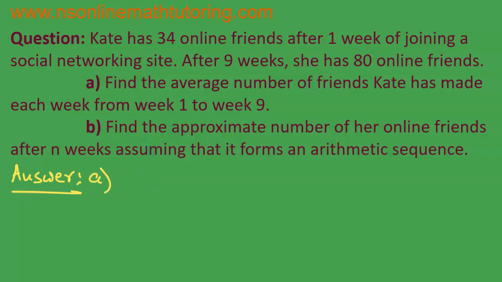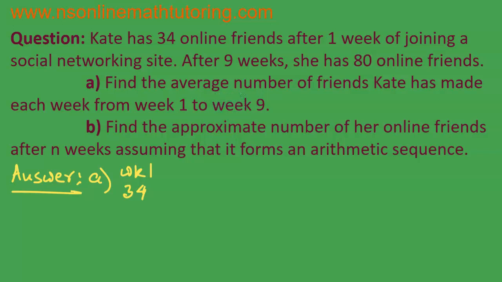So the answer, subpart A. In week 1, Kate has 34 online friends. Now we are assuming, again in this case, what are we approximating? We are approximating the number of friends made each week. Obviously, it will not be the same every week.